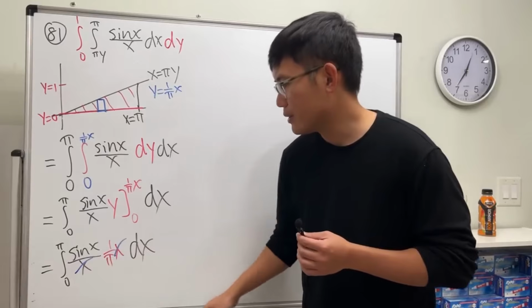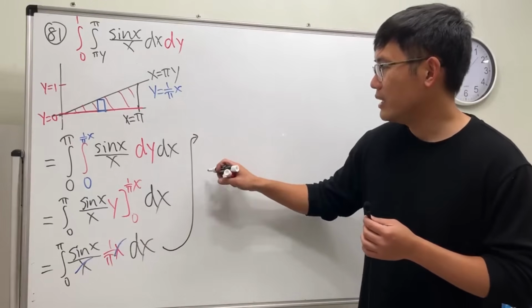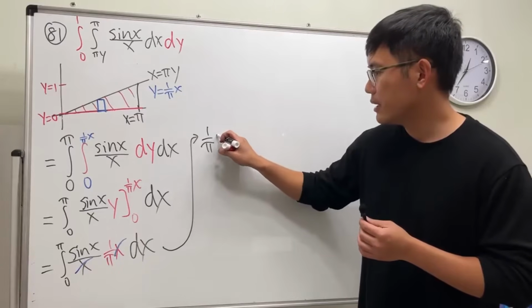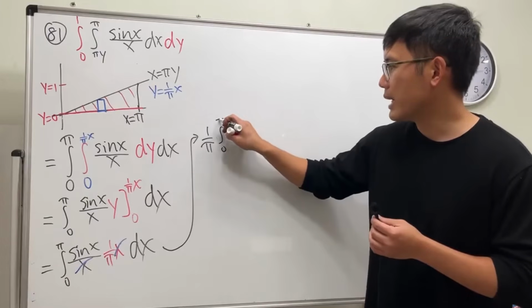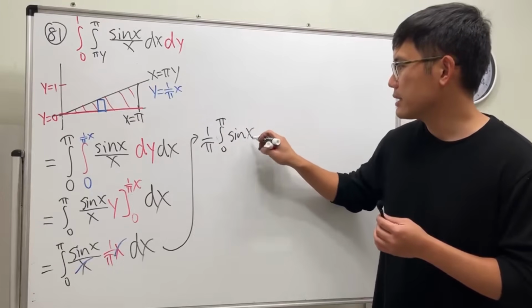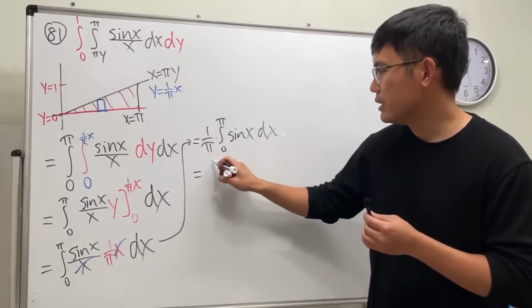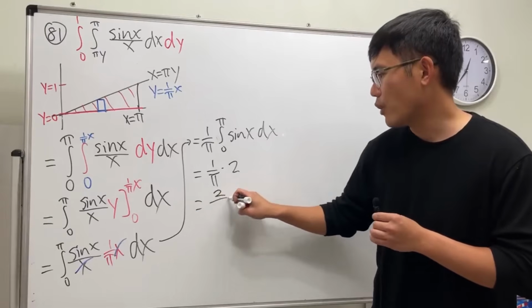This and that cancel. And we will get 1 over pi at the front, and then integral going from 0 to pi, sine x dx. Right, work this out on your own. This is 1 over pi times 2, so we get 2 over pi.